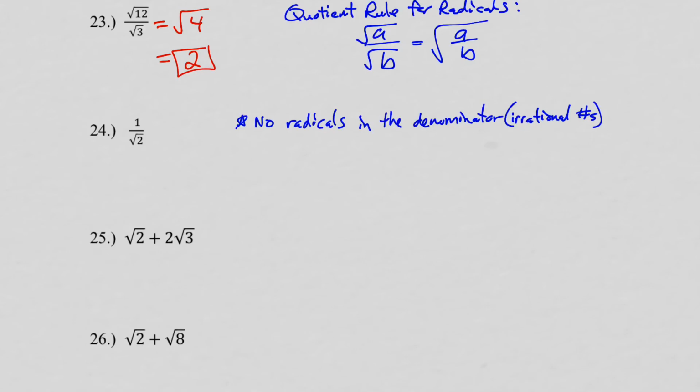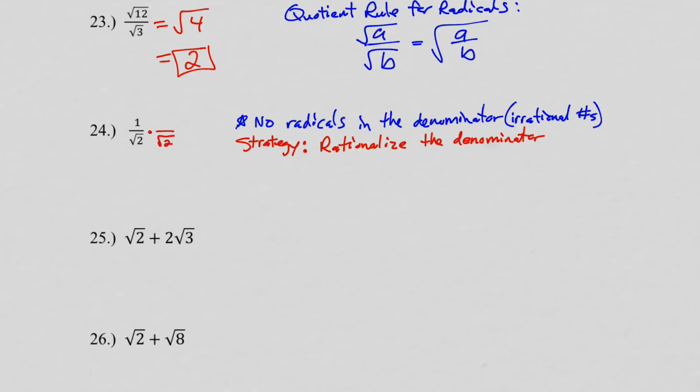And so the strategy is to rationalize, to make it go from irrational to rational. How do we do that? Well, just do something to get rid of that radical sign. Okay? So we call that to rationalize the denominator. What does that look like?